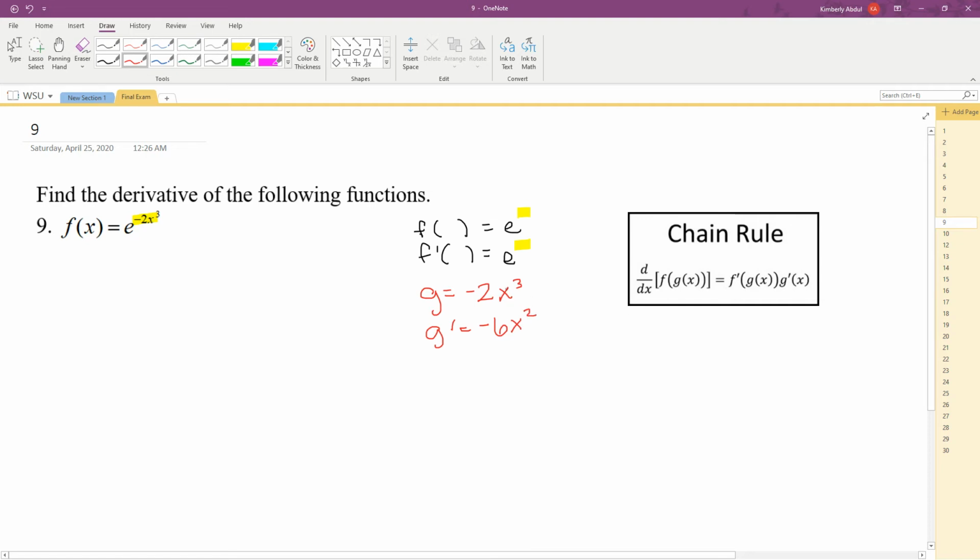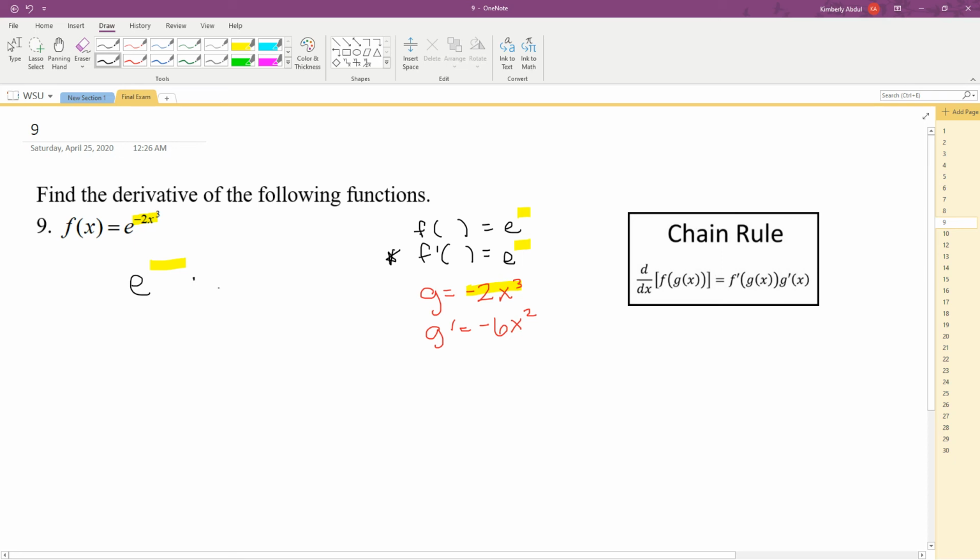Okay, now to plug this in, I'm going to use the chain rule. So I'm going to use f prime right here. So I'm going to use e to whatever the inside function was, and then multiply that by the derivative of the inside function.